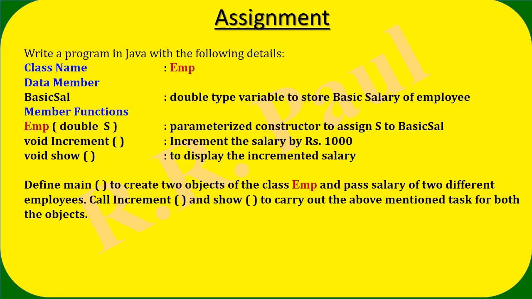In the main function, you are required to create two objects of the class EMP and then pass the value of salary for two different employees. Also define increment and show functions to carry out the above mentioned task for both the objects. Now pause the video.